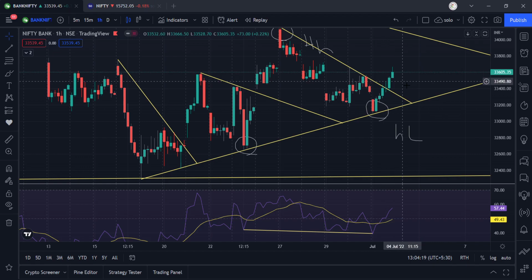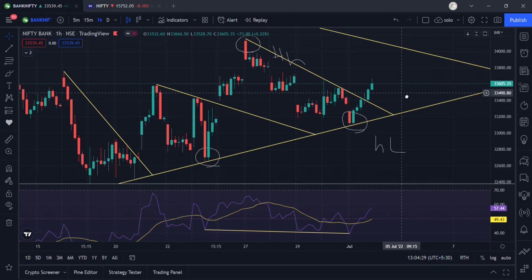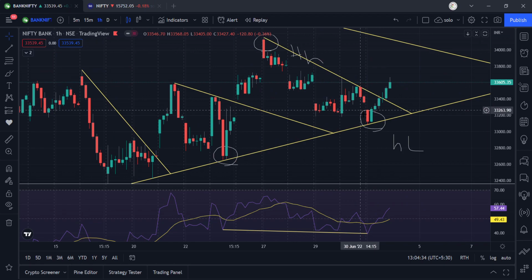So what I want to say is, our levels should be fine enough, and for direction, we should trade only if the levels of those prices break.